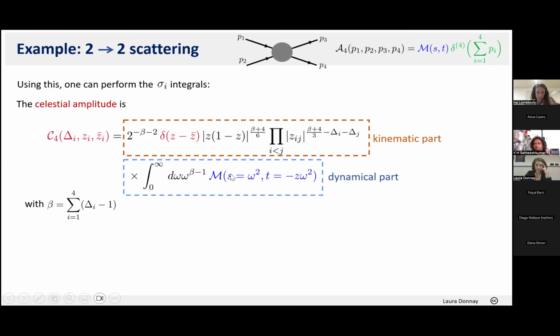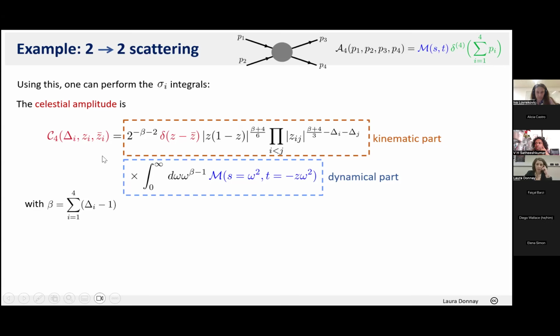And you have to evaluate M at this value of the Mandelstam variables, okay? And all the rest, the kinematics, takes the following form. It doesn't depend on the variable omega, so I could pull it out of the omega integral.